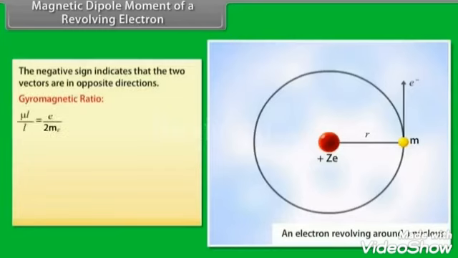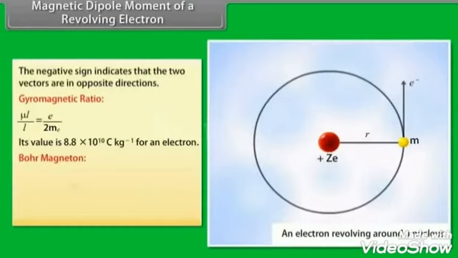Gyromagnetic ratio mu L by L is equal to e by 2 m e. Its value is 8.8 into 10 power 10 coulomb per kilogram for an electron. Bohr magneton mu B is equal to e h by 4 pi m e. Mu B is equal to 9.27 into 10 power minus 24 ampere meter square.